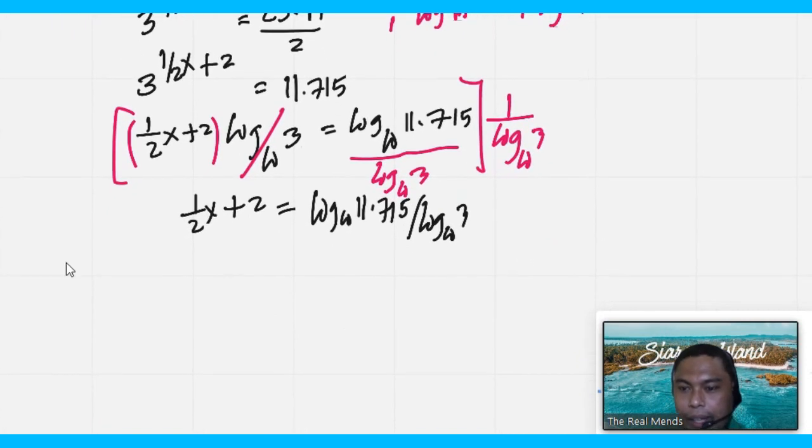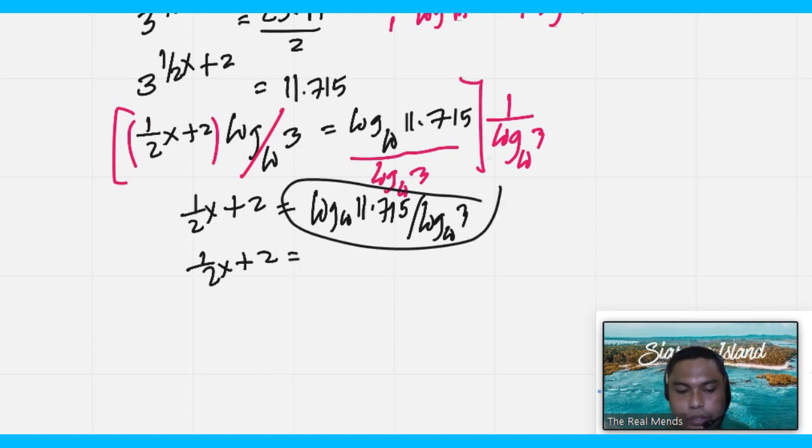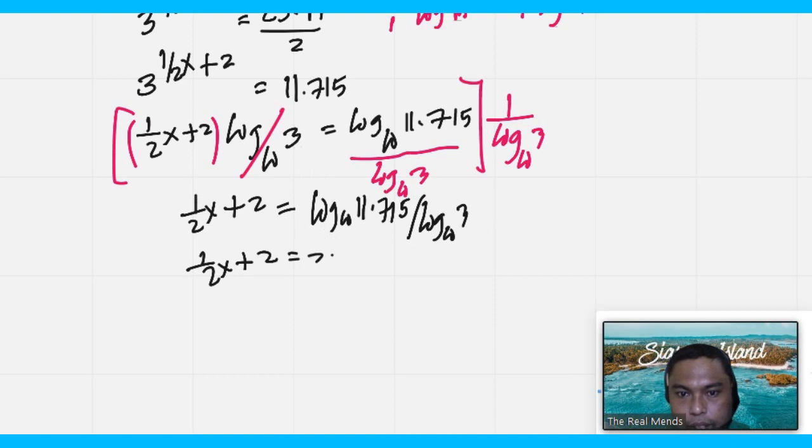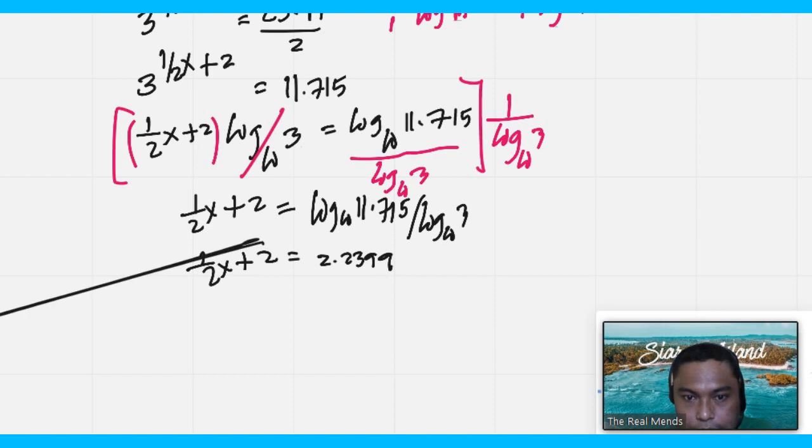What will be the value of this fraction? We have 2.2399, and then the positive 2 transposes to the right side.